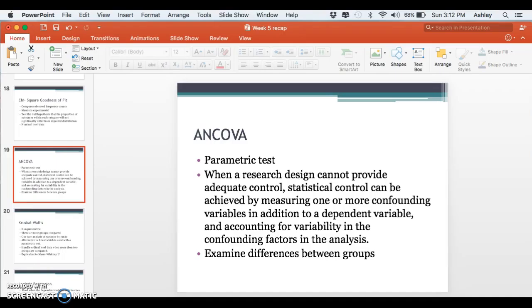And ANCOVA is an analysis of covariance versus an analysis of variance. So the function of an experimental design is to essentially explain the effect of an independent variable on a dependent variable while controlling for the confounding effect of extraneous factors.